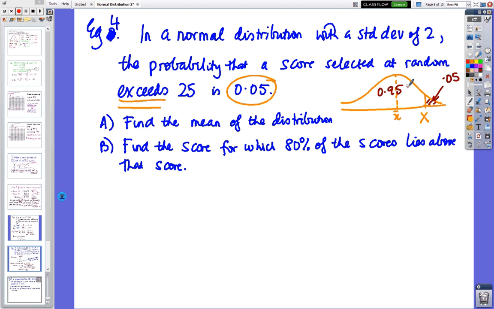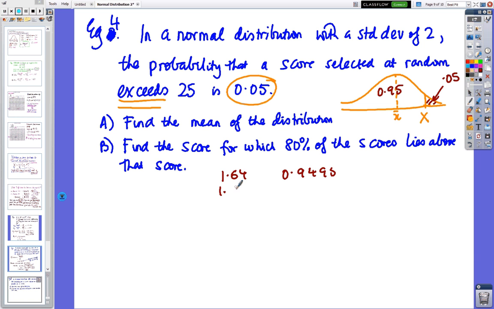Okay, so in your table, you need to find an area that's close to 0.95, and the closest ones I got were 0.9495 and 0.9505. So I'm going to split the difference. At 1.64, I've got 0.9495.